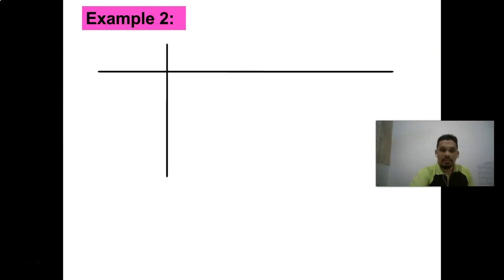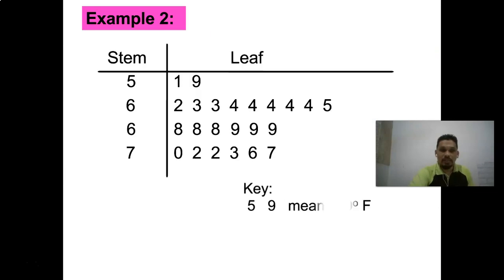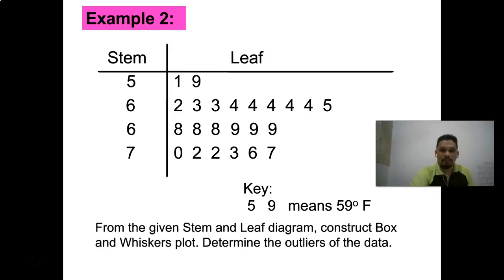And now the second example, example number 2, is given here: from the given stem and leaf diagram, construct a box and whiskers plot and determine the outliers of the data. Okay, just now in example 1, they gave you raw data, and we needed to form a stem and leaf diagram, and we analyzed, and after that we came up with a box and whiskers plot.